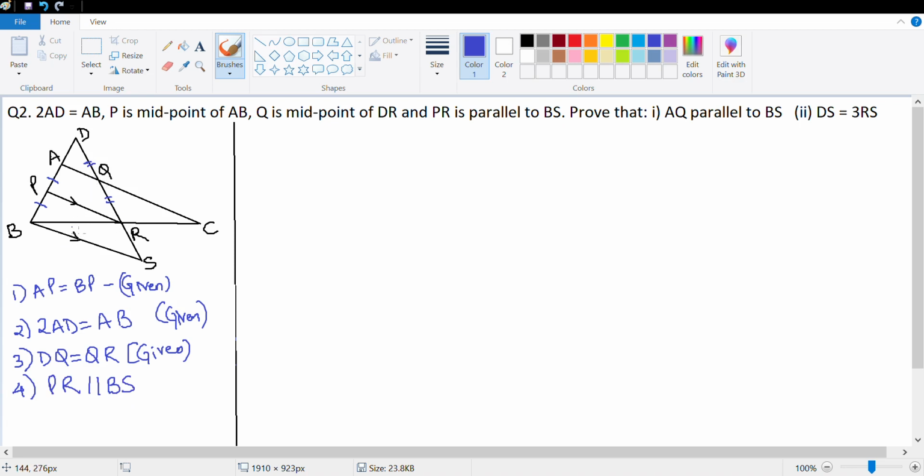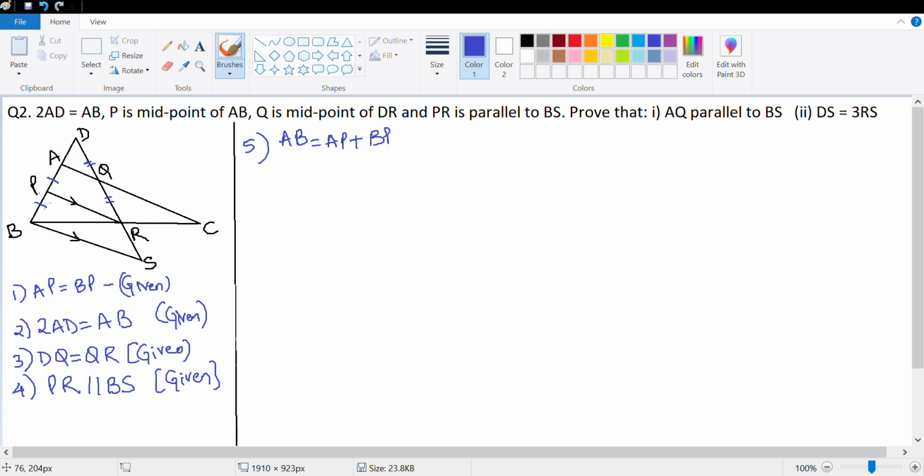So let's see how we can do it. Now we need to apply intercept theorem as well as midpoint theorem to prove this. So let's look at this. 2 times AD is equal to AB. So I know AB is equal to AP plus BP, right?